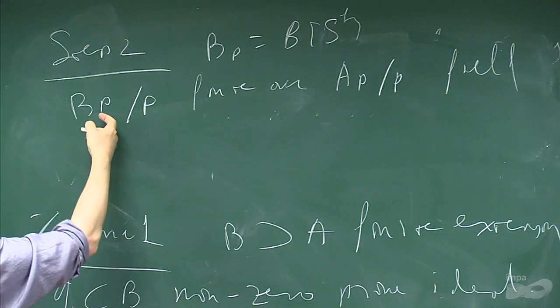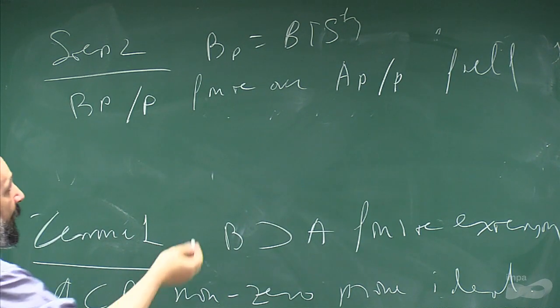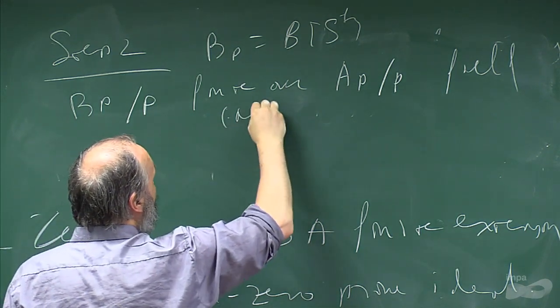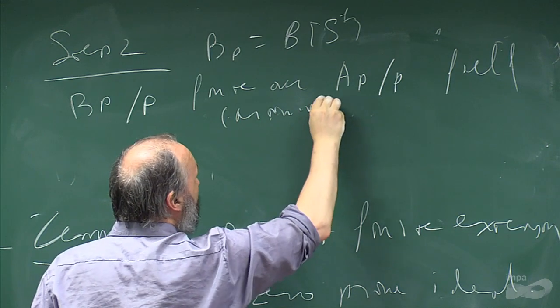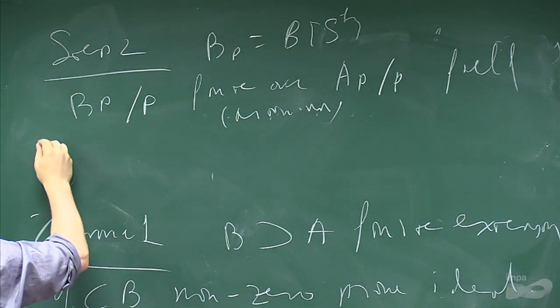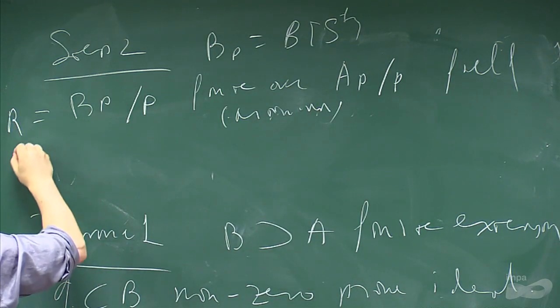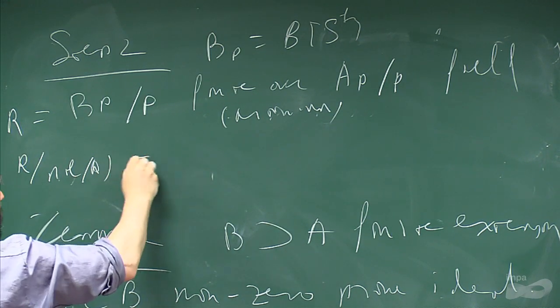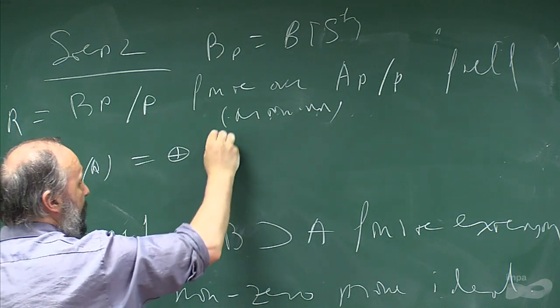Then it's finitely generated. Then it is Artinian. And then let's call this R. R quotient by the nilradical is a direct sum of fields.